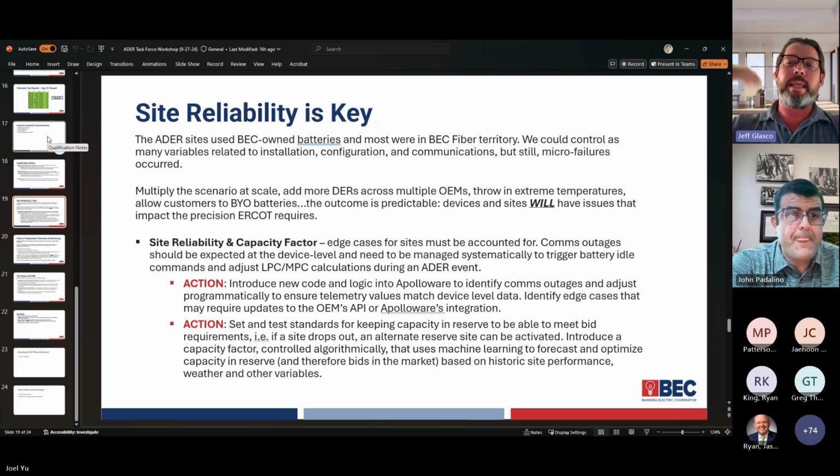So when we're bidding in the market, how do we make sure that we have enough capacity to meet that bid, right? So right now, if a site loses communications, our system will automatically pull that out of the ADER and retelemeter values to ERCOT to inform them, the LPC and MPC, right? And so they'll understand where our capacity is, but we still need to meet that obligation we have. So keeping things in reserve so that we can then bring those online when we have outages.